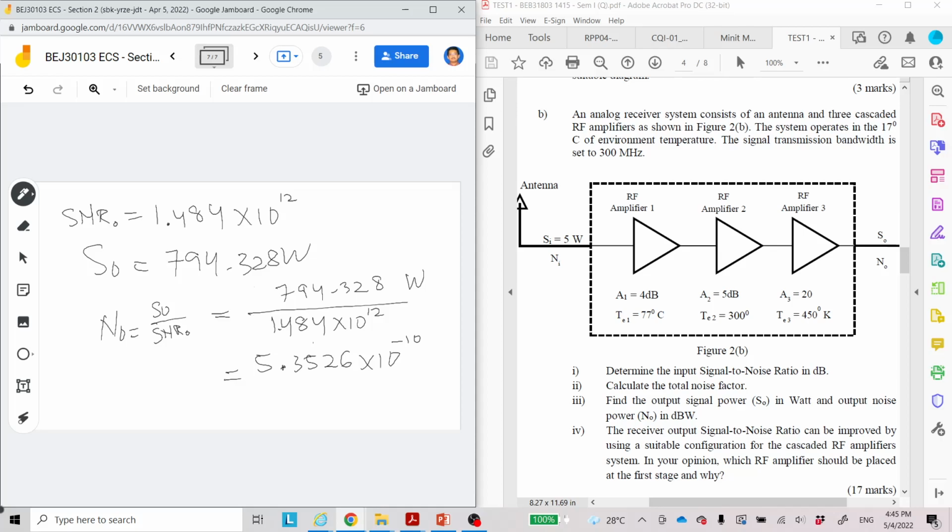Can you try? Do you get the same answer or not? Same. Okay. So this is in terms of watts, but the question asks in terms of dB. So 10 log of this: 10 log of 5.3526 exponent minus 10.